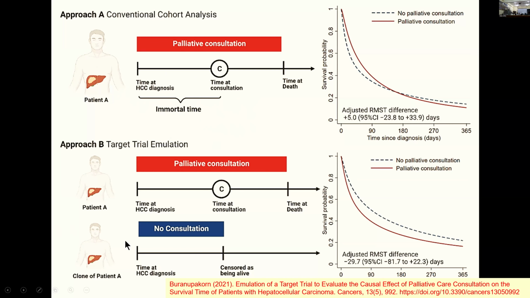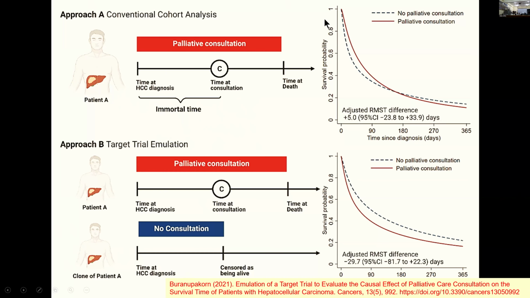So what we do in a target trial emulation is we take people at HCC diagnosis, we give them a no-consultation time to overcome this immortal time bias, then the time at consultation, and the time at being censored alive, and you follow up people.